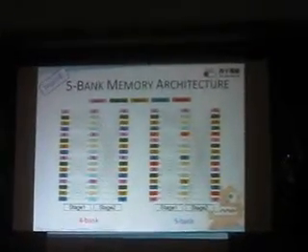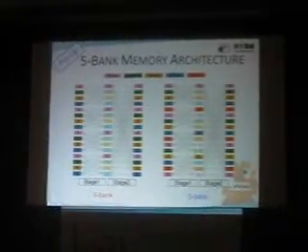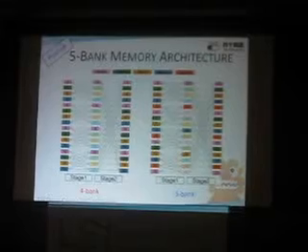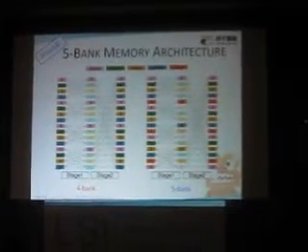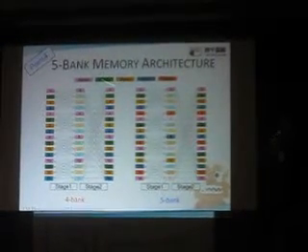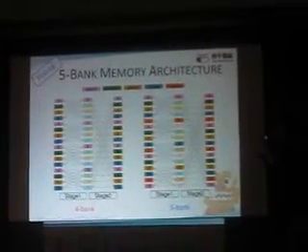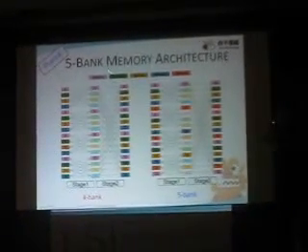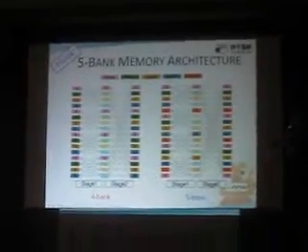Okay, now let me compare 4-bank architecture and 5-bank architecture. This figure shows the CR4 diagram of 16-point FFT using radix 4. And these colors represent bank number. For example, this green means bank 1, and so on for the rest.